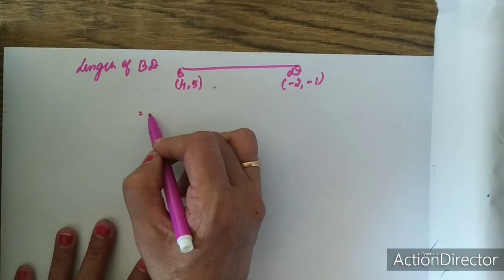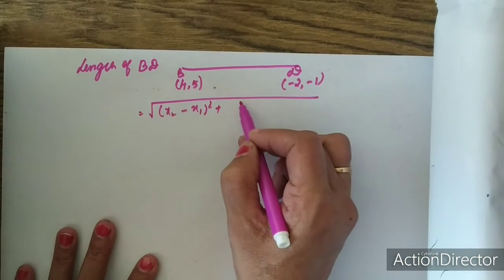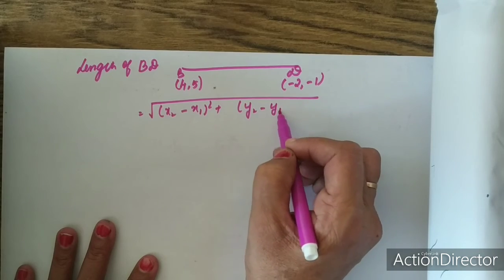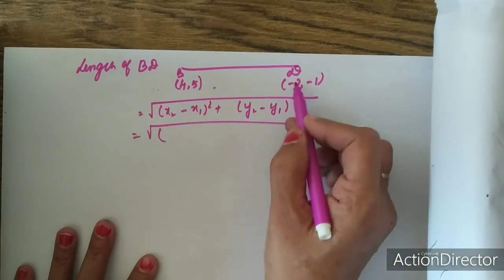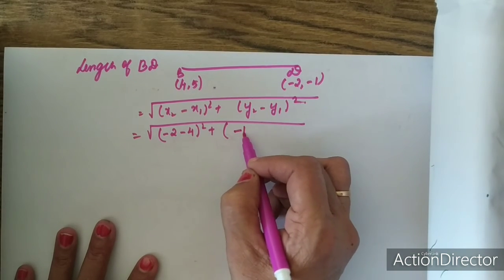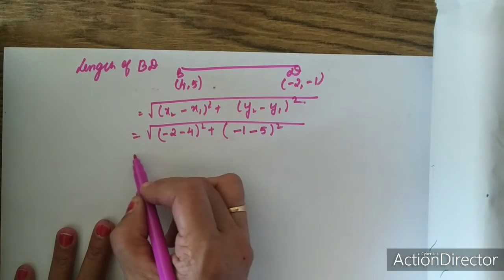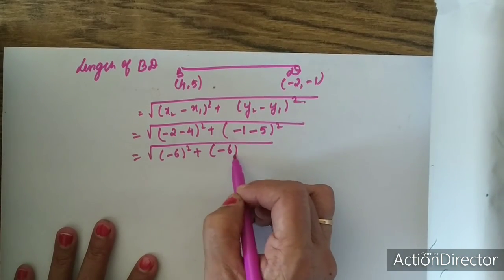So this is equal to under root of (x2 minus x1) whole square plus (y2 minus y1) whole square. This is equal to (-2 minus 4) whole square plus (-1 minus 5) whole square, which is (-6) whole square plus (-6) whole square.